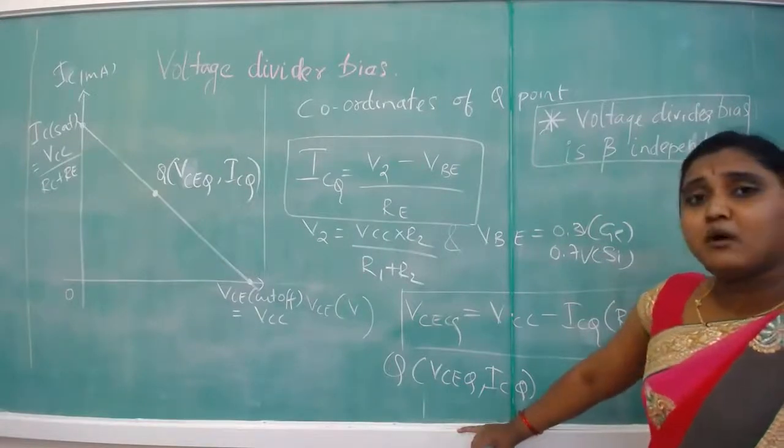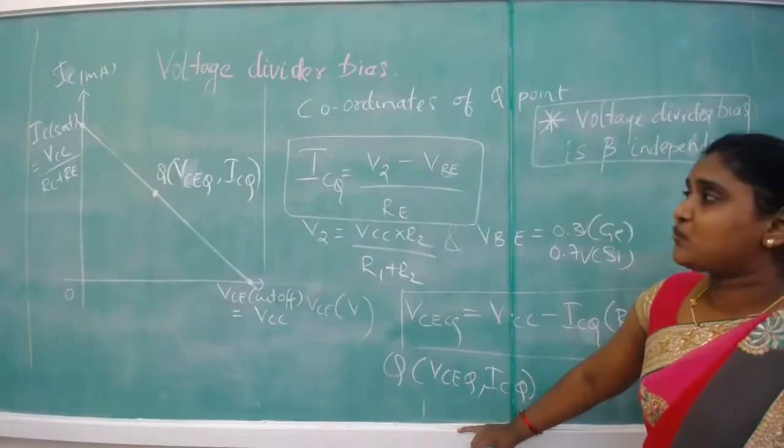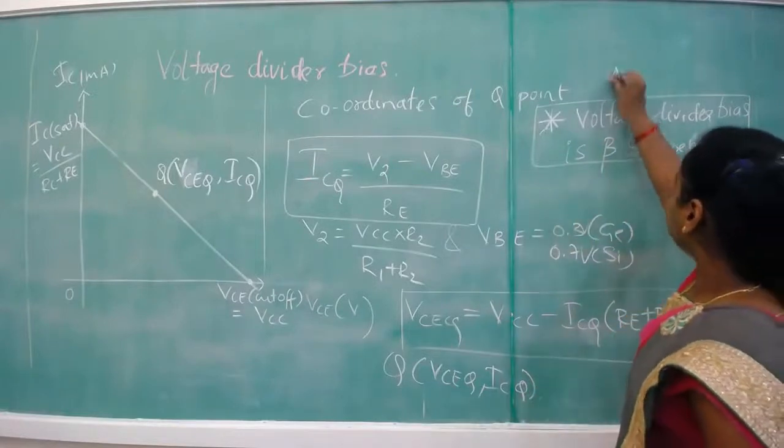It can also be termed as an advantage of the voltage divider bias circuit.